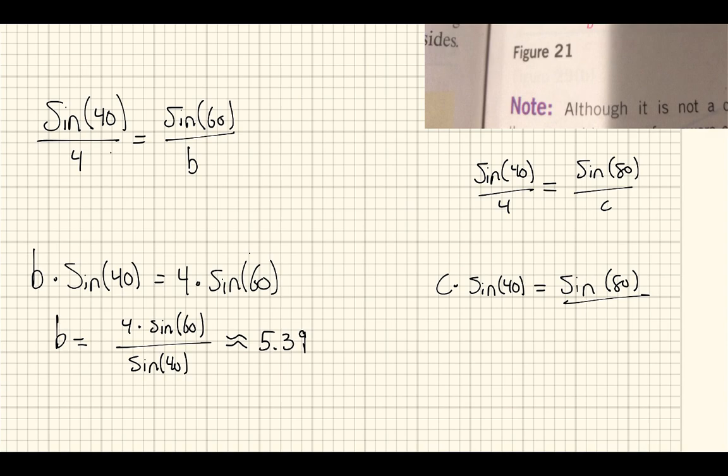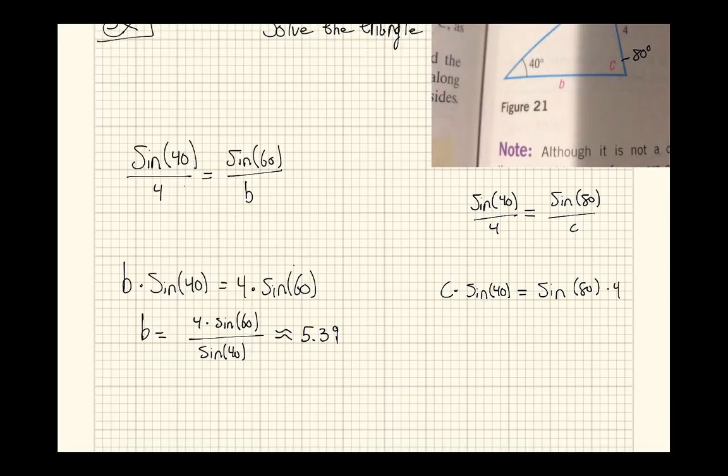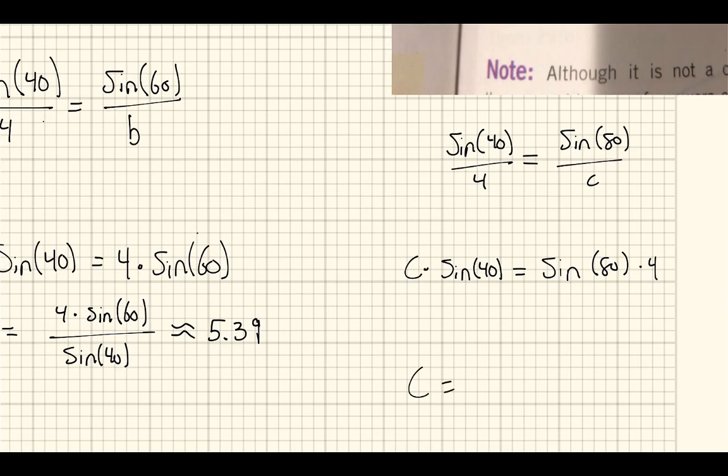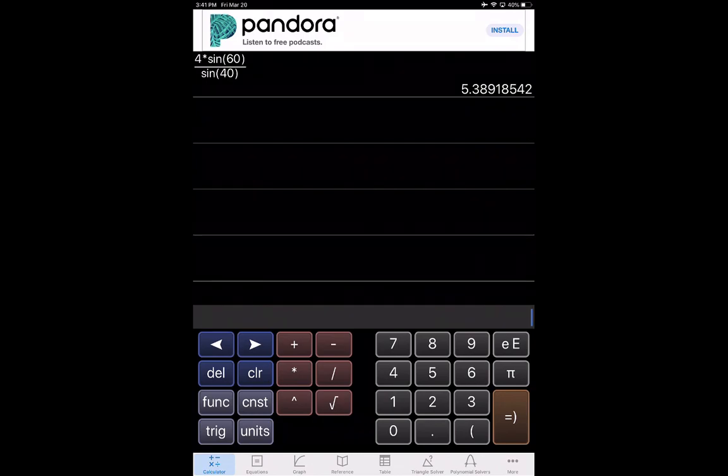Not over 4, sorry, 4 times the sine of 80. And then divide by the sine of 40, and then we have our answer. We'll go to the calculator for it. Sine of 80 times 4 over the sine of 40. Calculator, help us out.